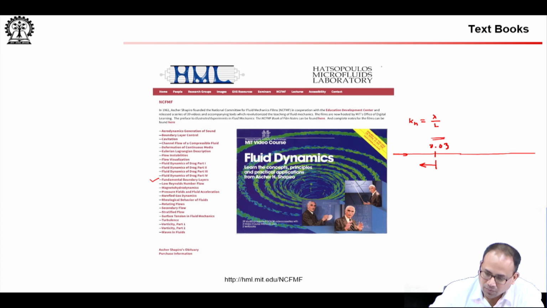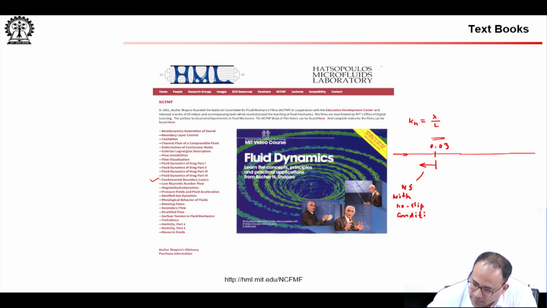But as the re-entry vehicle comes to a certain altitude where lambda by L hits 0.03, on the left hand side here you can use Navier-Stokes with no slip condition. So, read up on Knudsen number; maybe not the mathematical basis of these things, but at least you will know in a qualitative fashion what this Knudsen number is and why you can use Navier-Stokes with no slip condition if it is below 0.03.